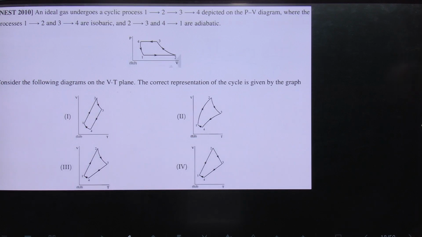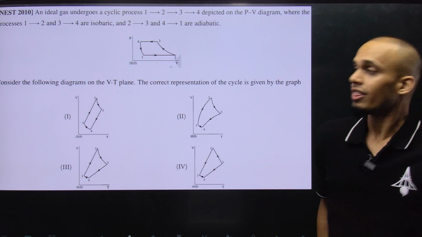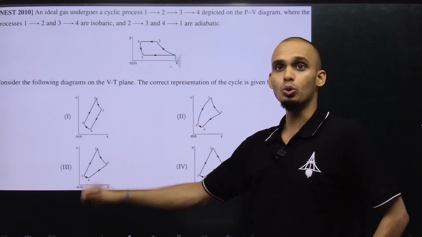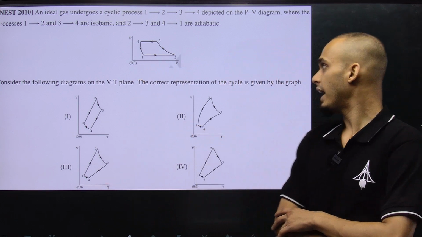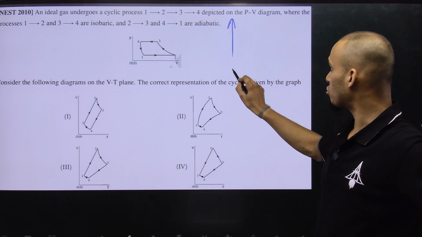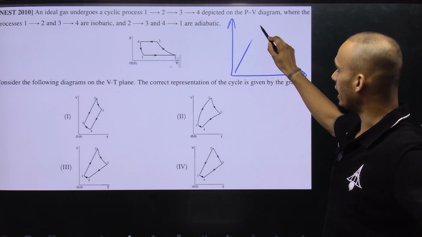Now in this question, we've been given a PV diagram of a thermodynamic cycle, and we need to convert it into a VT diagram. Now we know that 4-3 and 1-2 are isobaric processes. The VT diagrams for isobaric processes are as follows.